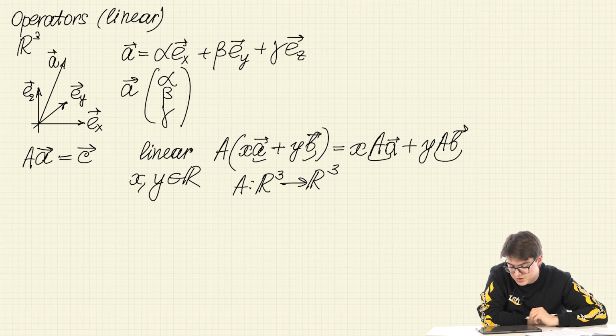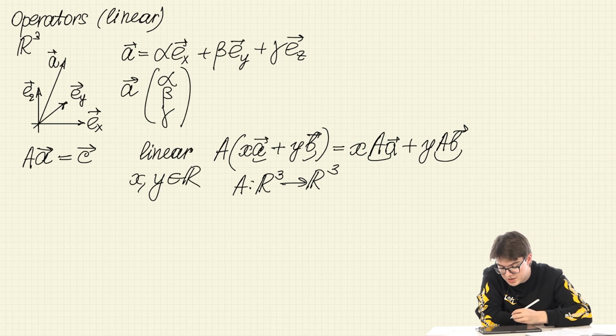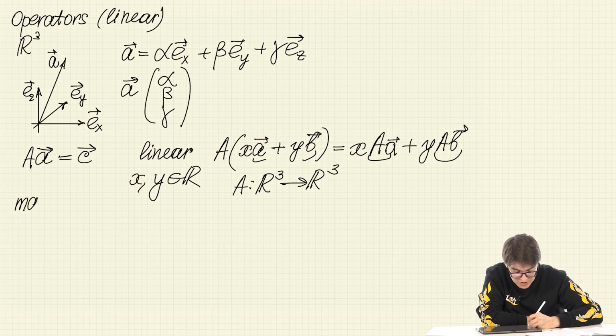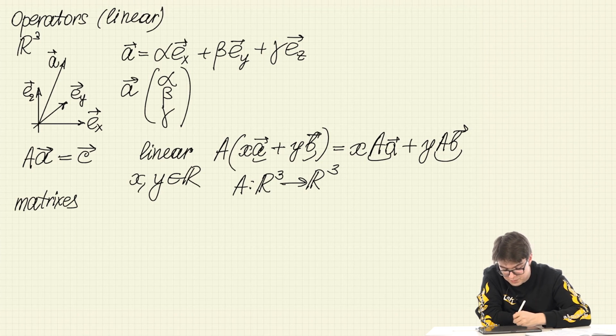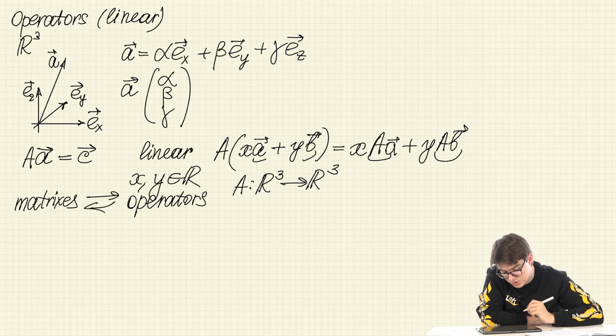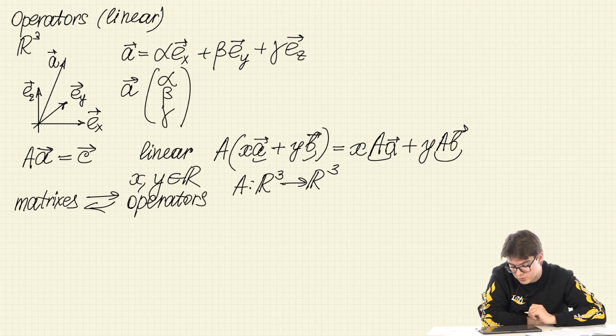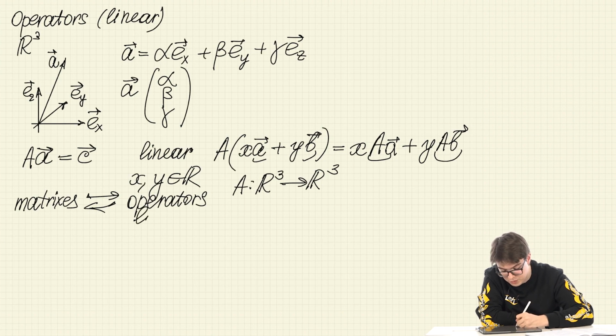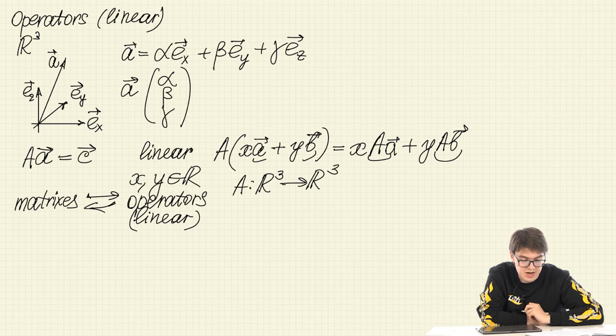So for the description of such a linear operator, we use matrices. So we write matrices, operators, and two arrows, describing that these terms might be interchangeable. Linear operators, precisely said.